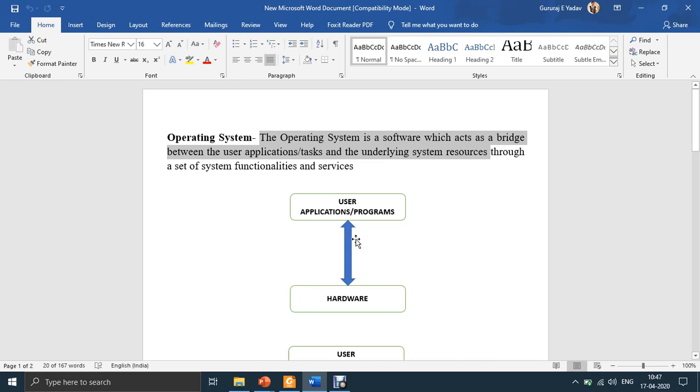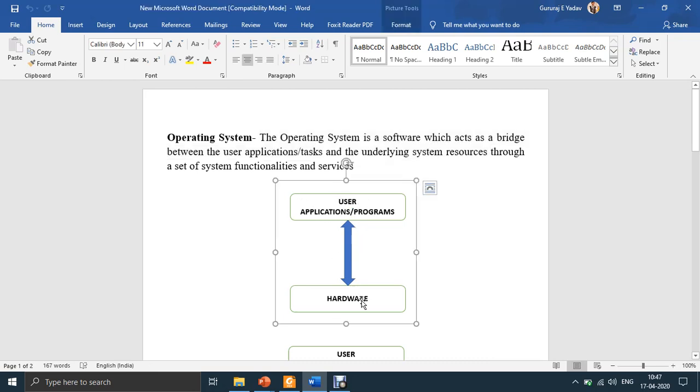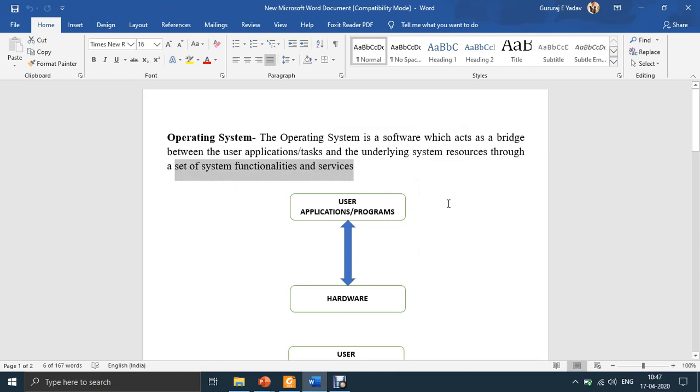You can see the diagram here. I have put up a diagram: user applications and the system hardware, connected through an interface. This interface will have a set of system functionalities and services. Each operating system should be able to do some operations or functionalities.